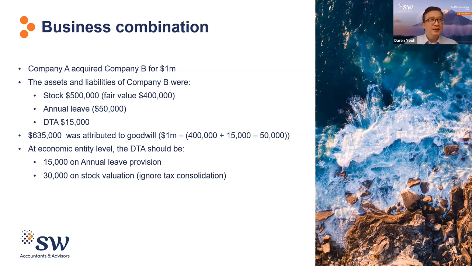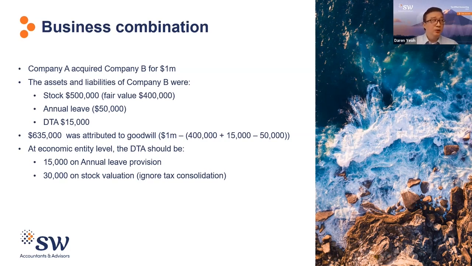But company A says the fair value of the stock is really 400,000, less than what's in company B's accounts. Company B also has an annual leave provision of 50,000, and naturally company B will recognize a deferred tax asset on that provision of $15,000.